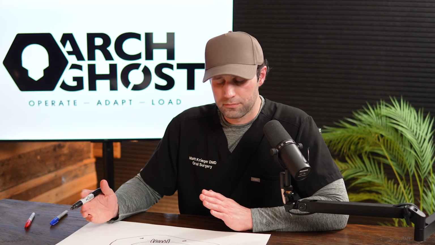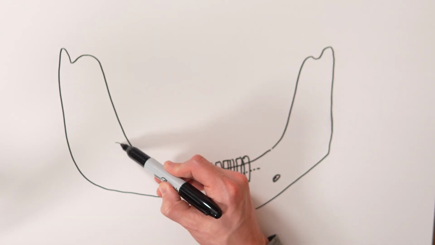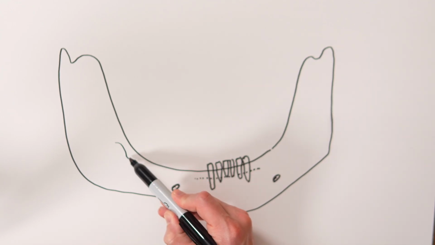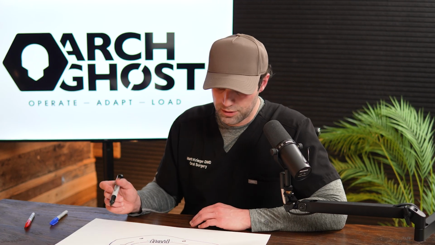The second, or not the second, but our fifth and final ID point that you should be using intraoperatively is the mandibular external oblique ridge. And when you look at the jaw, that's that little area of bone that kind of tracks right down here and kind of right down here. And it's a ridge or a ledge, okay, the external oblique ridge.